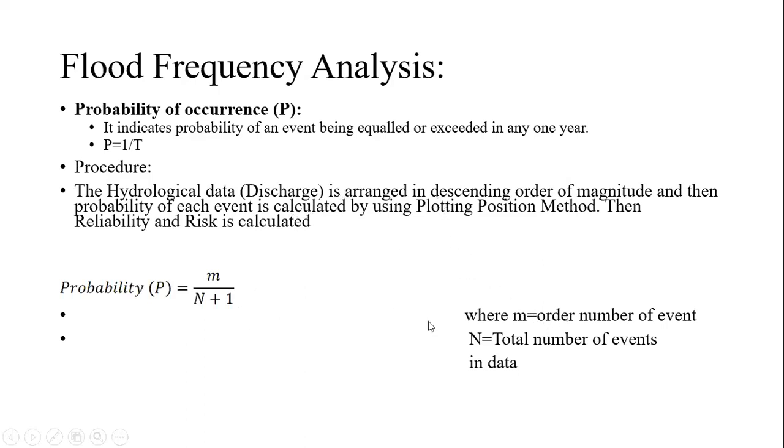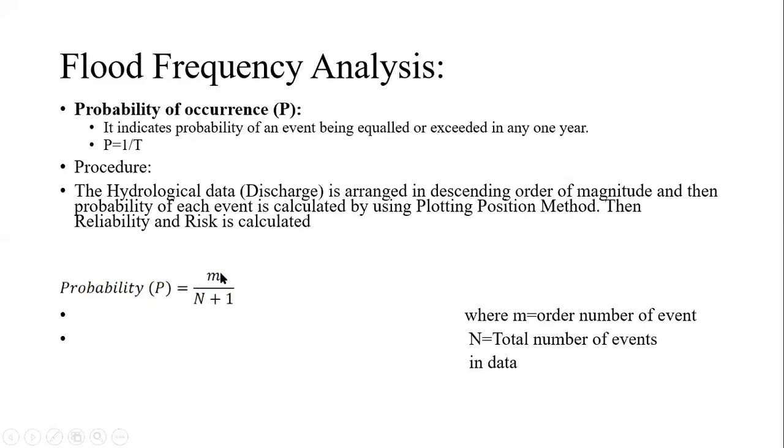That position is the order after arranging in descending order. So m may be 1, or the first, or the last one. And n indicates the total number of events in the data. Suppose 100 years of data is there, then there will be 100 values, and n plus 1 is 100 plus 1. So probability P will be m upon n plus 1 for flood frequency analysis.